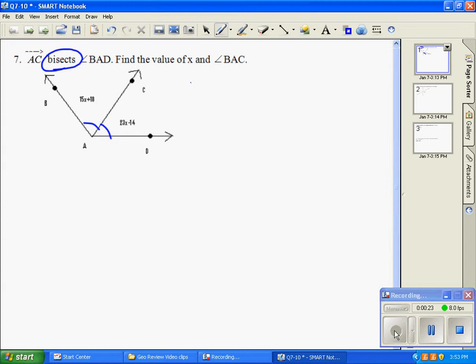So we have 15x plus 18 equals 23x minus 14. So we're going to solve for x. So let's add 14 to both sides.